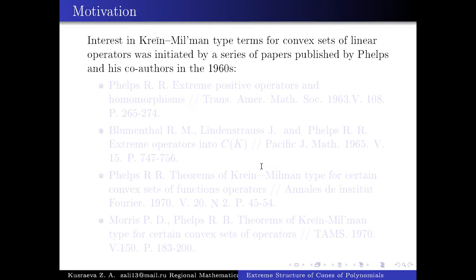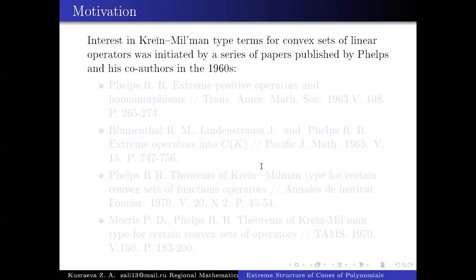To attack the existence problem, one can try to find a locally convex topology on the space of operators acting from X to Y, under which the appropriate convex set is compact. And by applying Krein-Milman's theorem, then we get the desired extreme points.